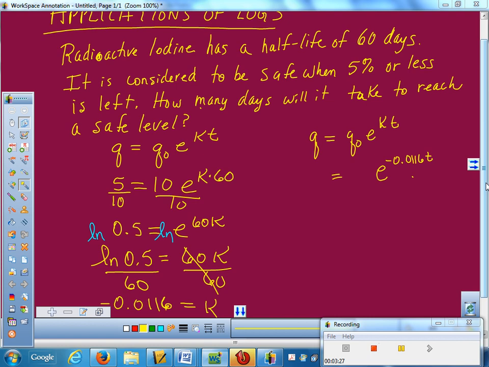It needs to start at 100%, but how do you write 100% as a decimal? 1. And you're going to end up with 0.05, get that extra 0 in there to get 5%. Technically, I have to get rid of the number in front of e, but because it's just a 1, I really don't need to divide. Then how do I solve it? It's the same thing we just did. You just log it again and solve it the exact same way. It's just that you have to go through 2 steps in order to find K before you do it.